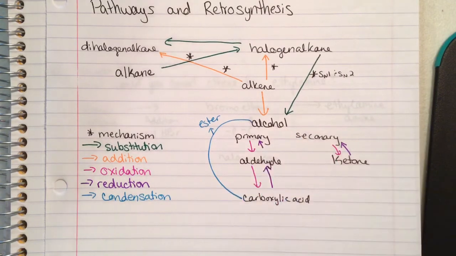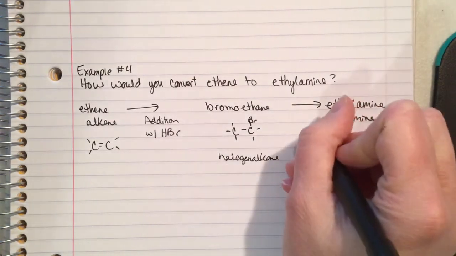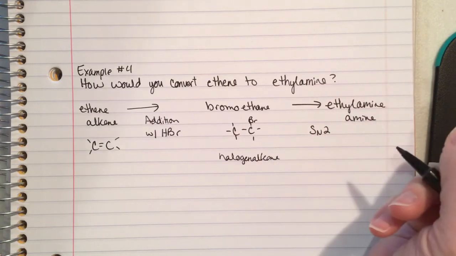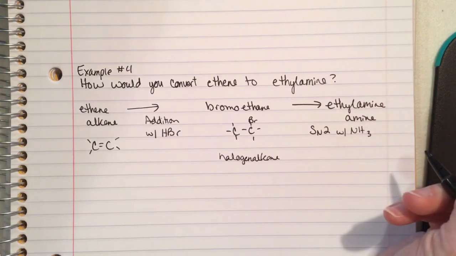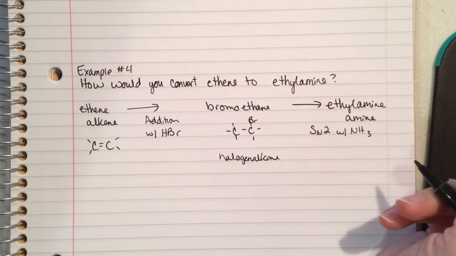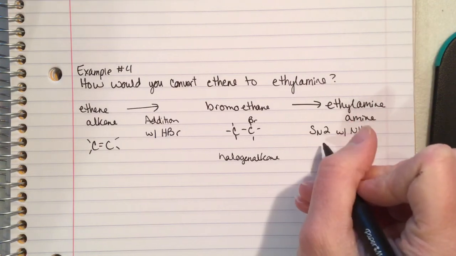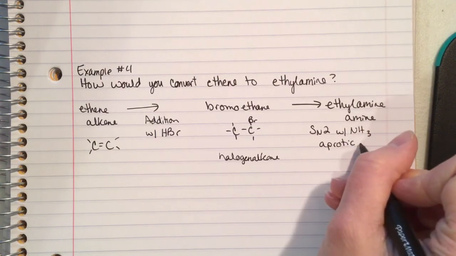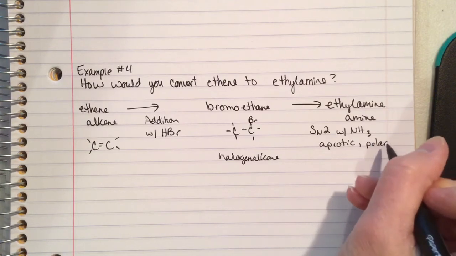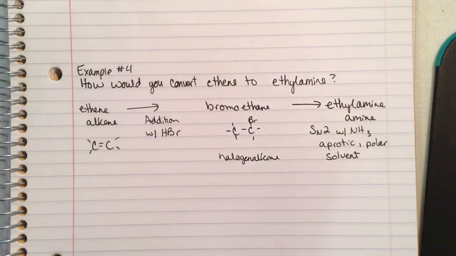Well, what if we substitute a different nucleophile? And so what if we go through an SN2, because this is a primary, with ammonia as our nucleophile? So again, with an SN2, we're going to use an aprotic, because we don't want any hydrogen bonding going on, but we need a polar solvent to help stabilize the, shall we call it a mess that happens?